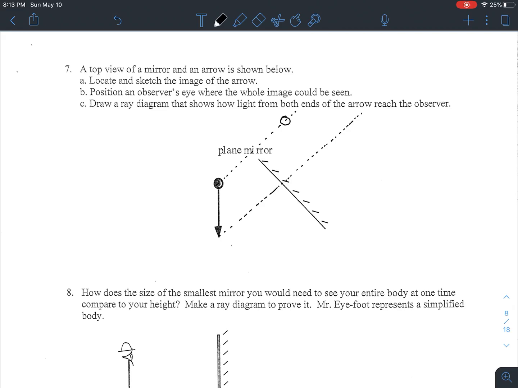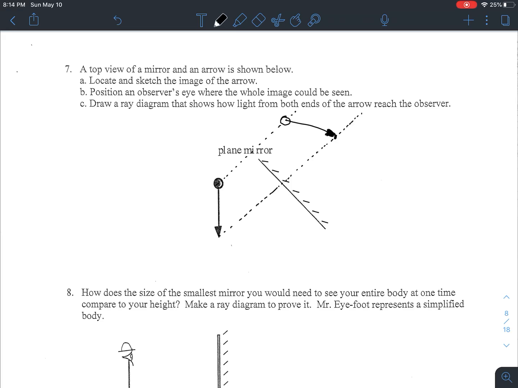So if the tip of my arrow is about 3 centimeters in front, it's about 3 centimeters behind, and I'm going to see the tip of my arrow right here. So I'm just going to roughly draw my arrow, and that's what I'm going to see in the mirror. Okay. Easy. Hard part.